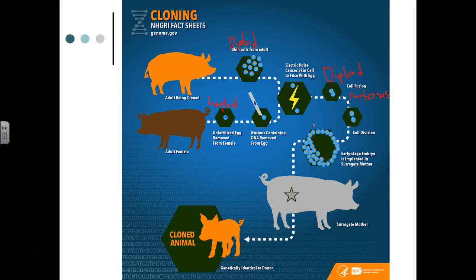It's on its way to becoming an embryo and a fetus, and what they do is they implant that ball of cells into the uterus of a host or a surrogate, and then after development, after gestation, a pig is born that's an exact genetic match to this adult.